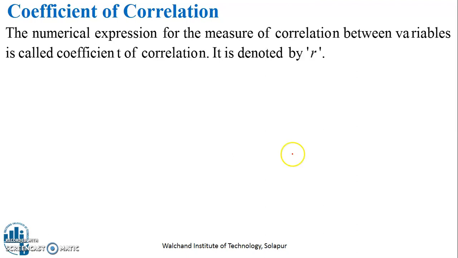There are various methods to compute coefficient of correlation. But as per our syllabus, we can find coefficient of correlation between two variables when the variables are correlated by using Karl Pearson method.